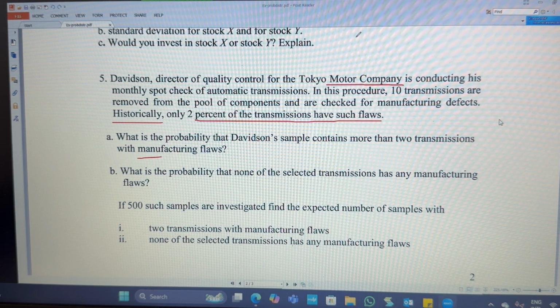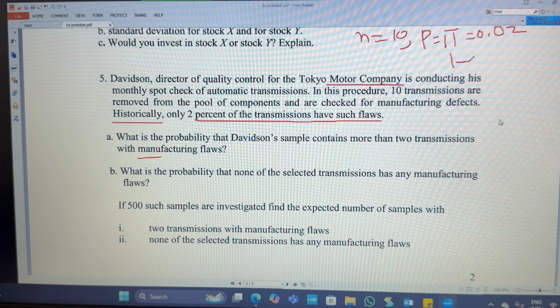In this case, we know n equal to 10. We also know p, or you call it pi, whatever, equal to 0.02.